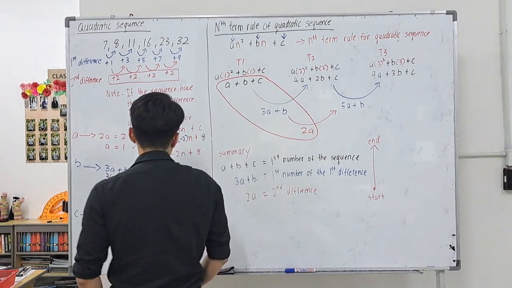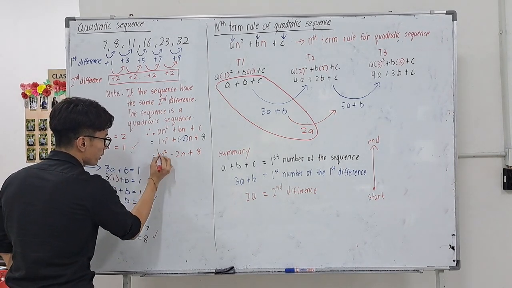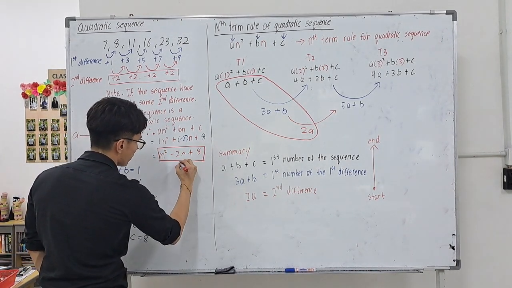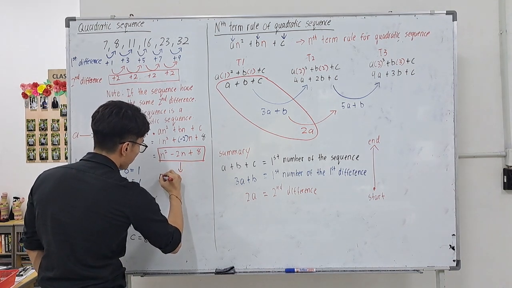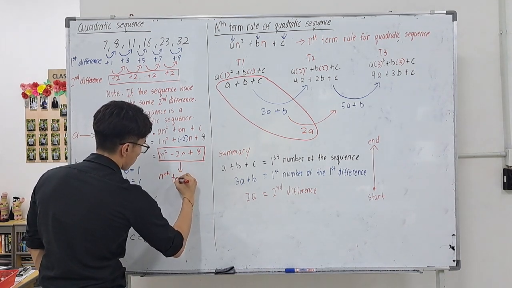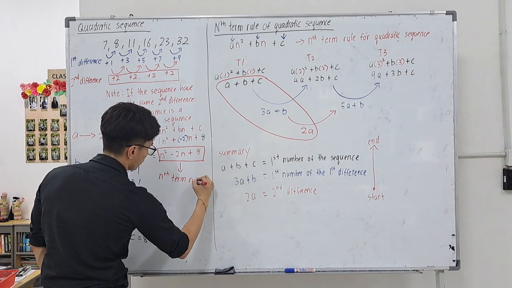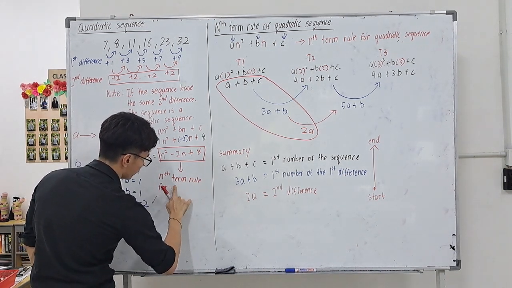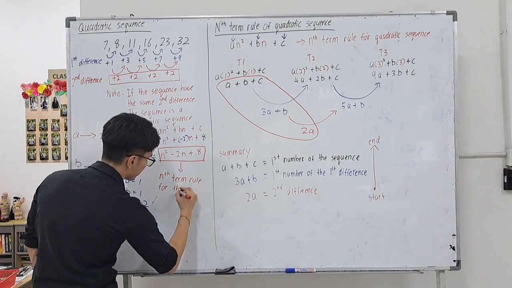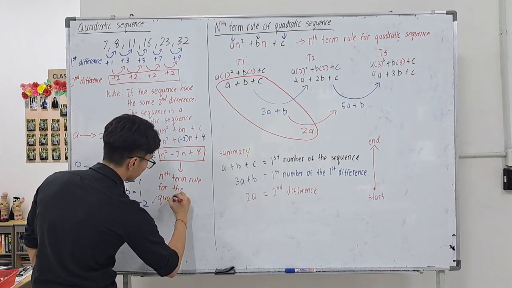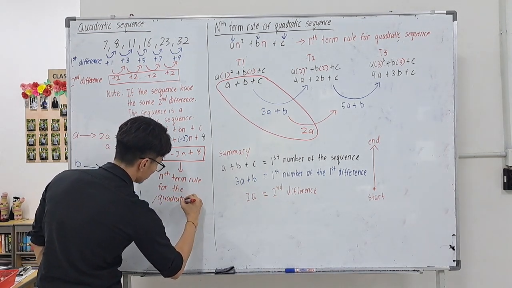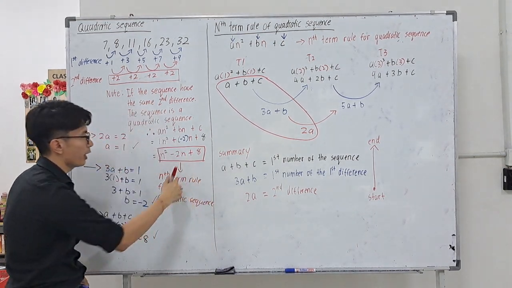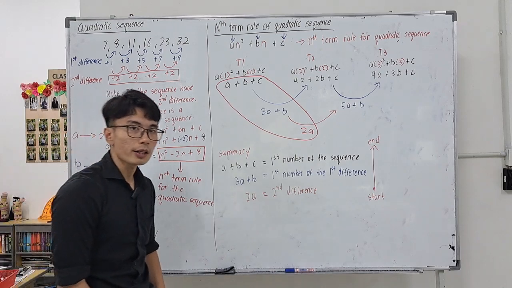So this one over here, that is the n-term rule for the quadratic sequence.